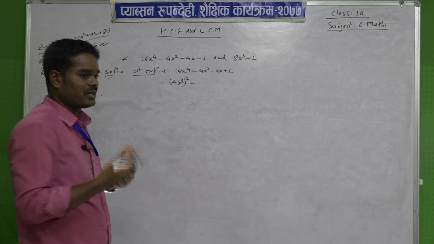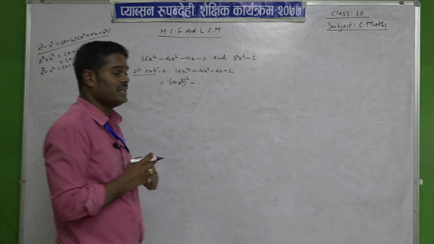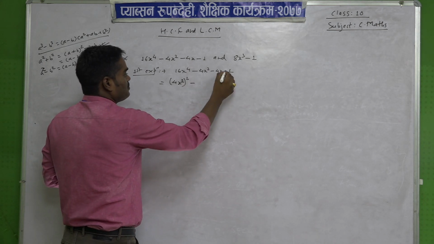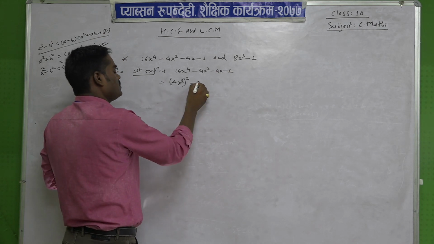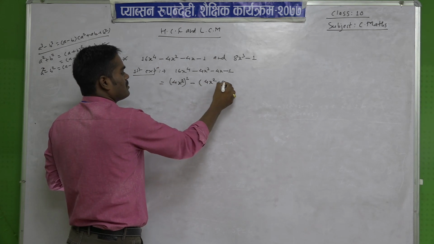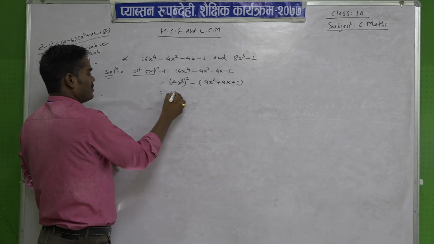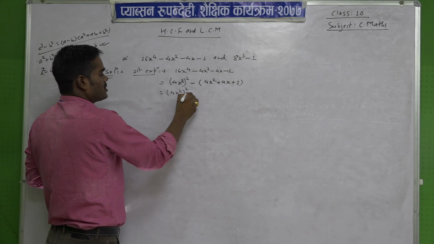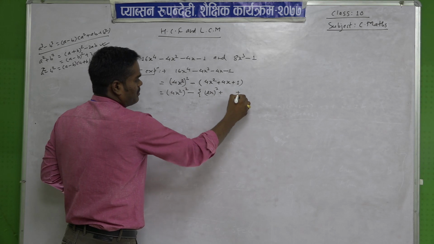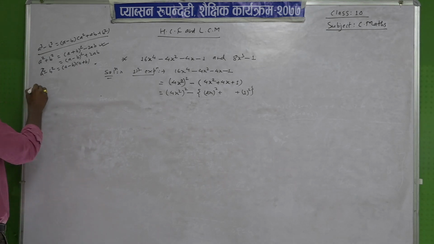After taking common, we can convert this trinomial in the form of a plus b whole square. Sorry, here it is minus, I have written plus. So minus. So take common here. 4x square whole square minus, here we can write like this, 2x whole square, leave the gap, this is 1 square, and use the formula you know very well.